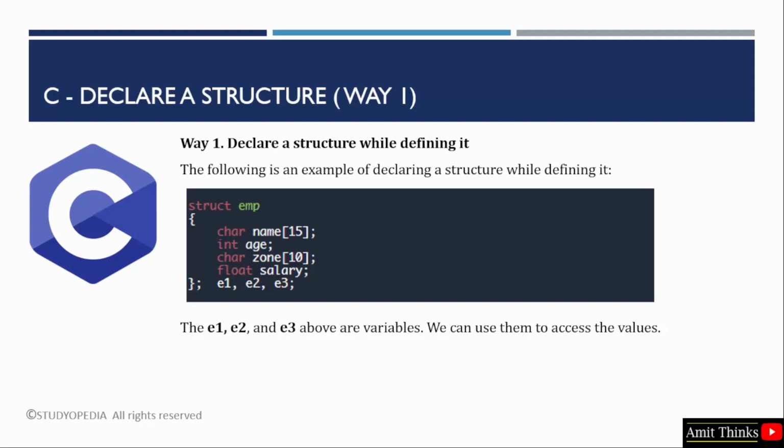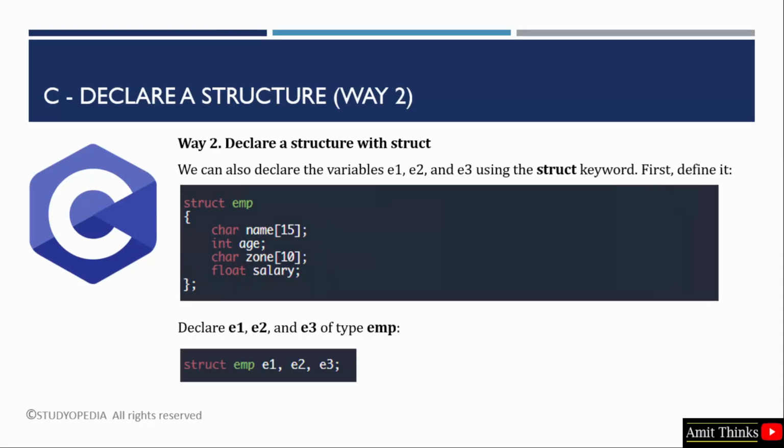First we added a name to the structure. Then we included 4 members. To declare it, you can directly mention the variables, like here we have named them E1, E2 and E3, so that we can access the values. We will see an example later also. Just outside the curly braces, you need to mention the variables. This was the first way.